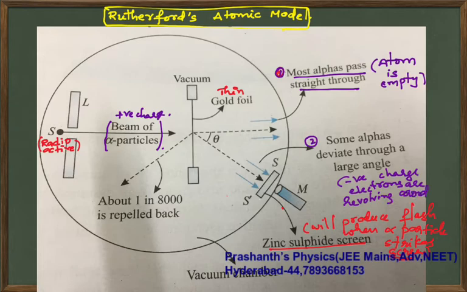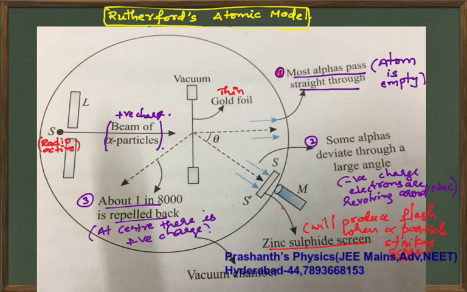This is what Rutherford gave. About 1 in 8,000 is repelled back, which means that at the center there is positive charge. He gave these few properties.